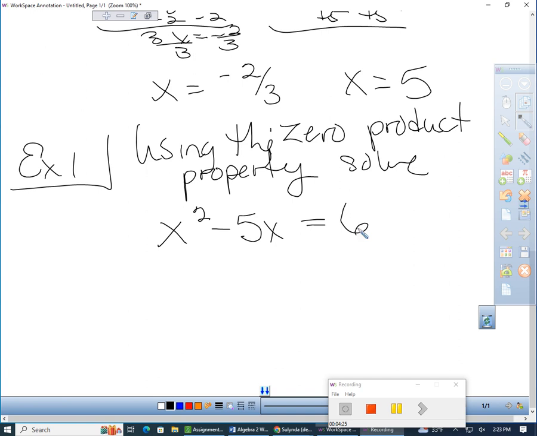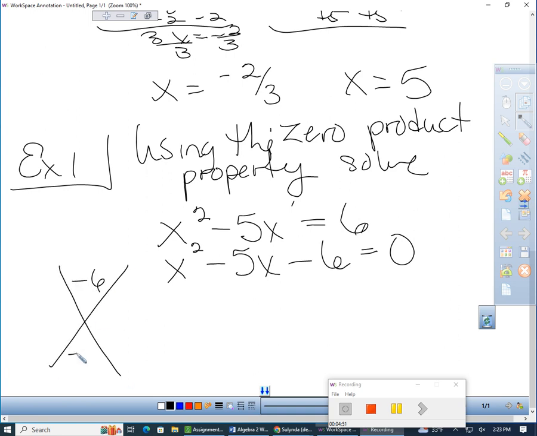So before we can actually factor this thing, we have to get it all in standard form on one side, right? So I got to move that 6 over. Okay, so I'm getting the whole thing set equal to 0 first. So I'm going to subtract 6 over. So I have x squared minus 5x minus 6 equals 0. So now I'm going to go ahead and factor it. Draw my x. Negative 6 on top, negative 5 on the bottom.